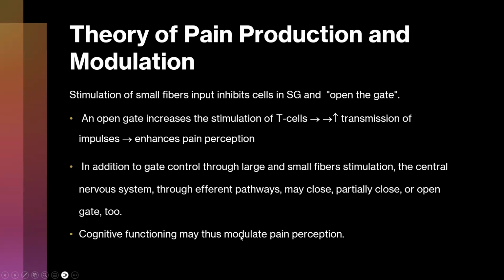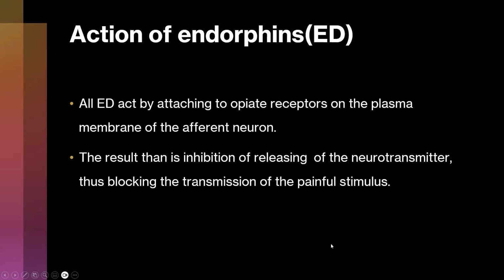An open gate increases the stimulation of T cells, which will cause transmission of impulses and will enhance the pain perception. In addition to gate control through large and small fiber stimulation, the central nervous system through afferent pathways may partially close or open the gate too. Cognitive functioning may thus modulate the pain perception.